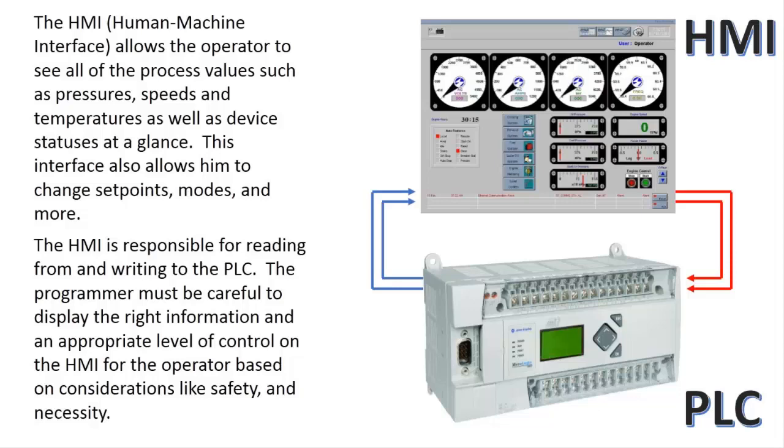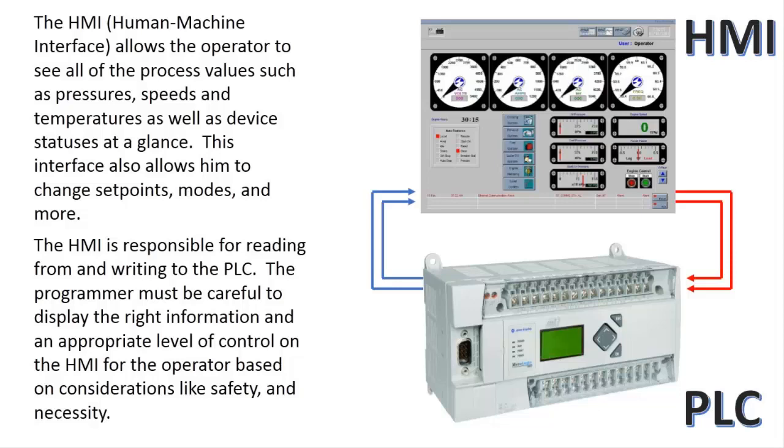We want an operator to be able to look at a screen or a set of screens and watch the process and monitor the values in the system. We also want him to be able to control the system, to turn the system on and off, to have HOA control over devices without having to go out to the device and touch a physical button, thus putting himself in harm's way.